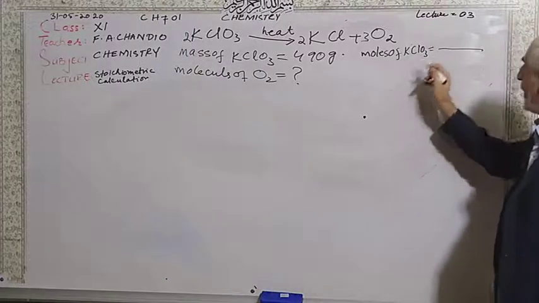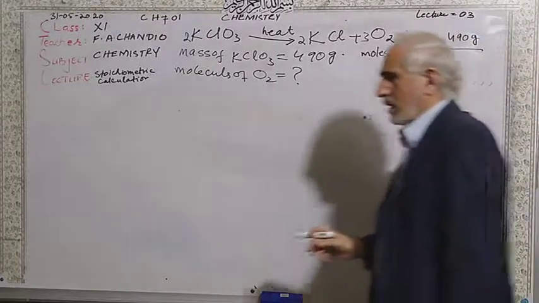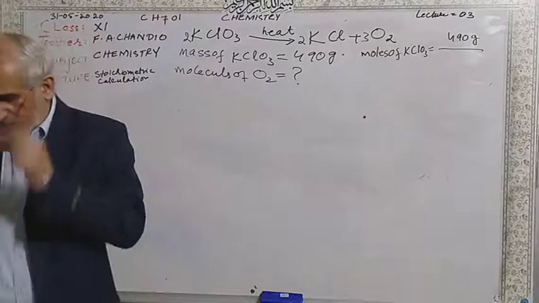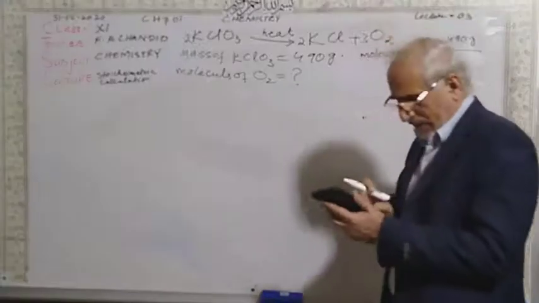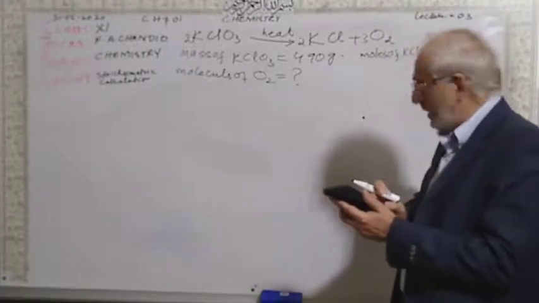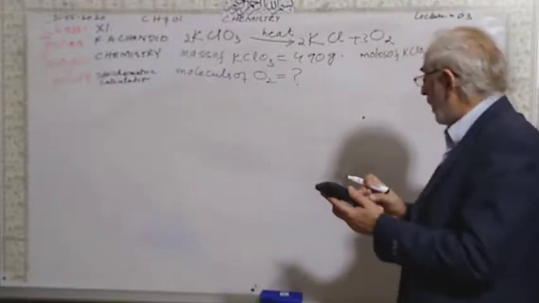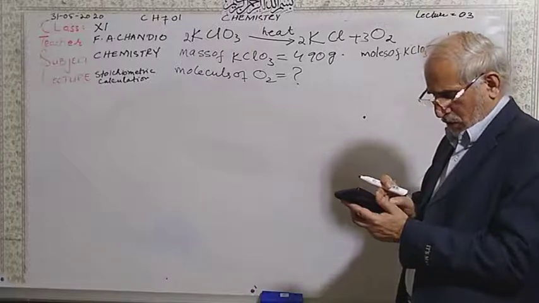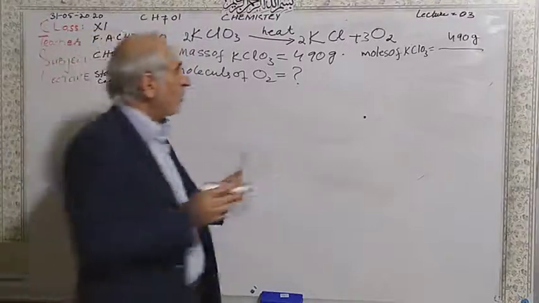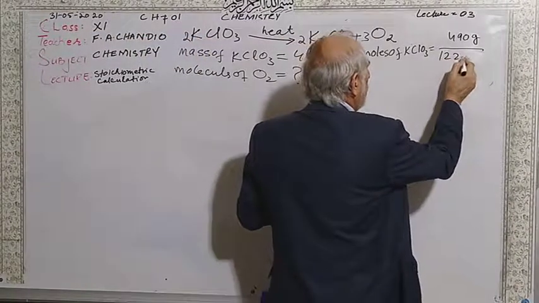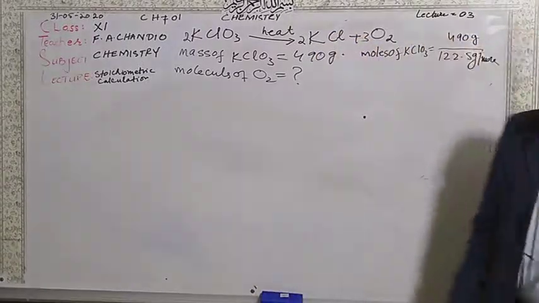The formula is mass in grams, 490 grams, over molar mass. Atomic masses will be given in the examination. You just have to add the molar masses. So potassium is 39 plus chlorine is 35.5 plus oxygen is 16 × 3 = 48. This will be equal to 122.5 grams per mole.